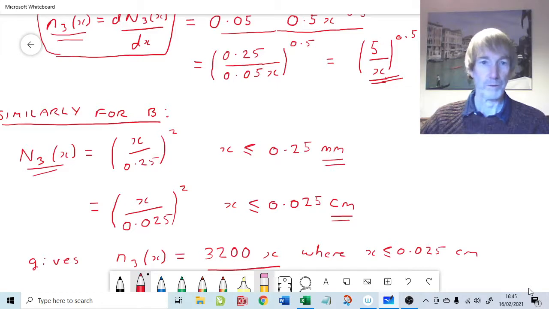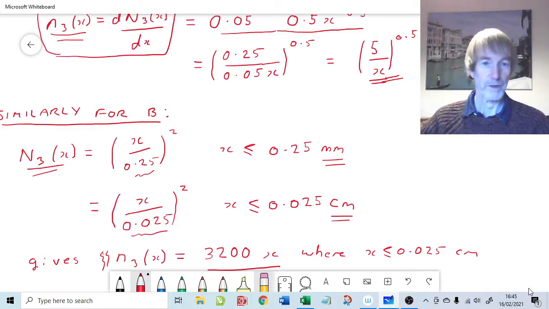Same principle, we're only really talking about changing the constant. That has to come down to 0.025 for the upper limit to make any sense, and then that gives us the equation for the differential function down here, the n3x equation.